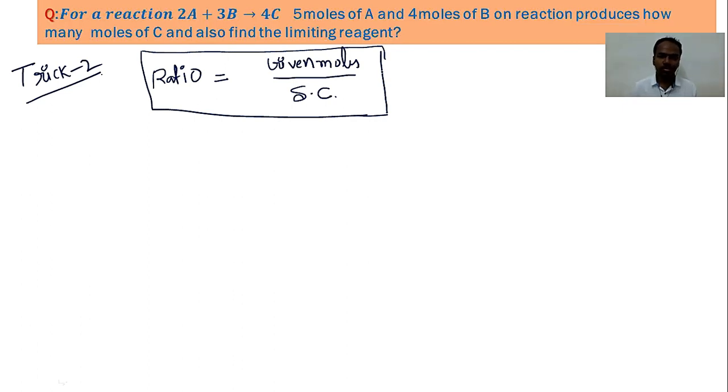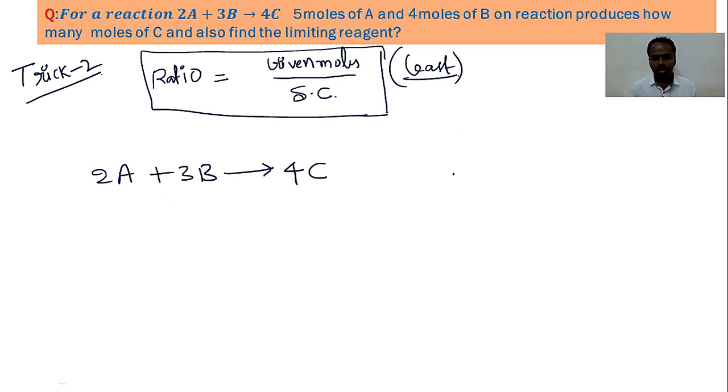Take this reaction: 2A plus 3B gives rise to 4C. First calculate this ratio for A and B. The number of moles of A given in the question is 5.